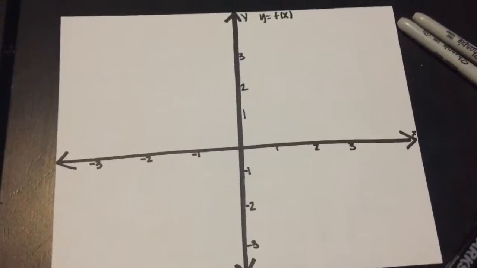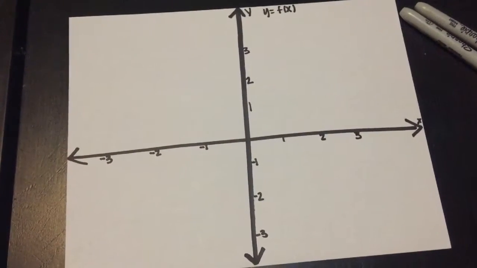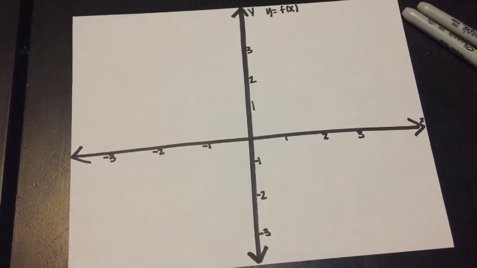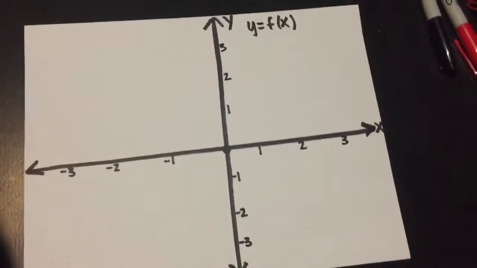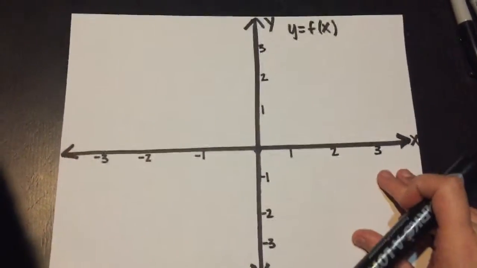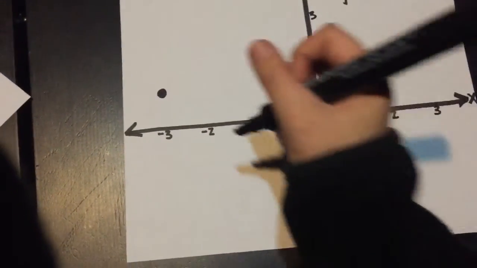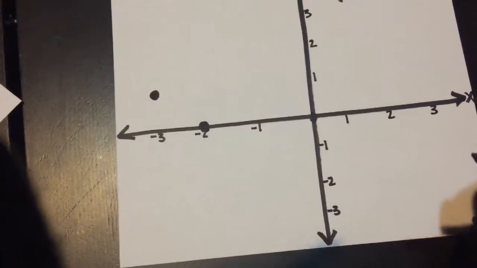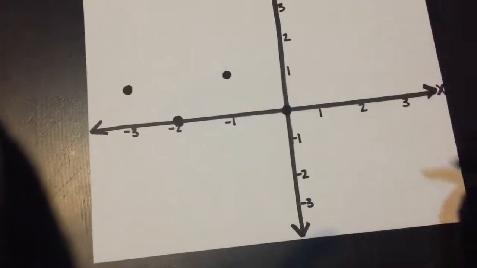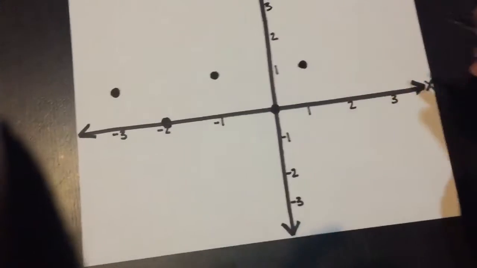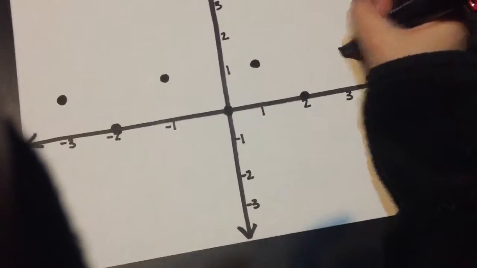Okay. You would mark your graph 1, 2, 3, and then -1, -2, -3 for both vertical and horizontal. You would mark your graph -3 to 1, and then -2 to 0, and then -1 to 1, and then 0, 0, and then 1, 1, and then 2, 0, and then 3, 1.